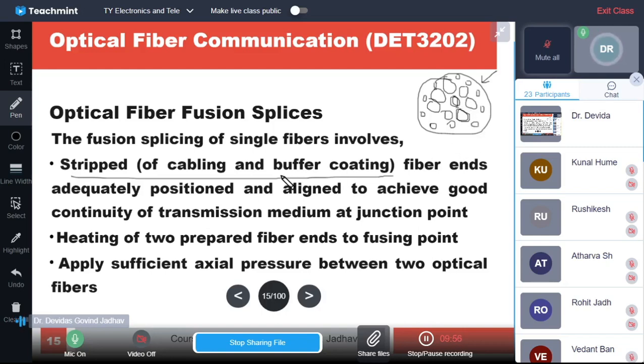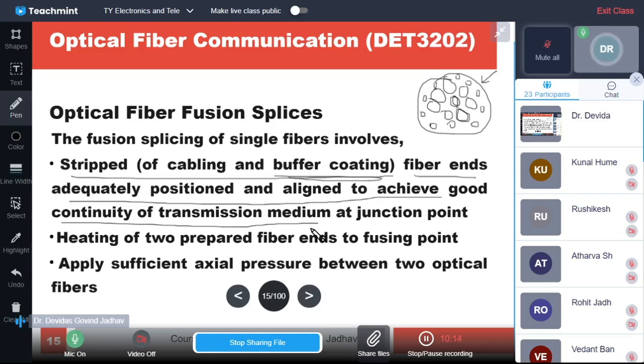So it is called buffer coating. Buffer coating is around the fiber, and around the overall cable there is the cable coating. Both these coatings are removed.